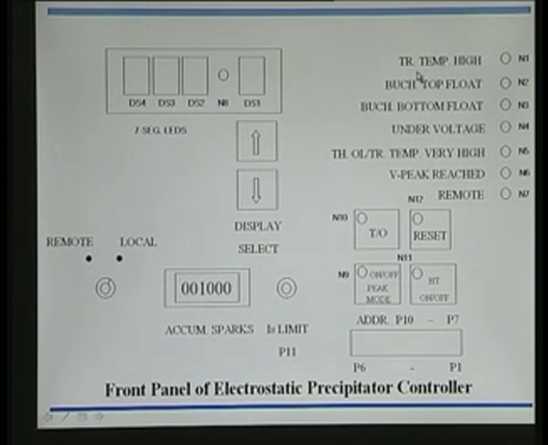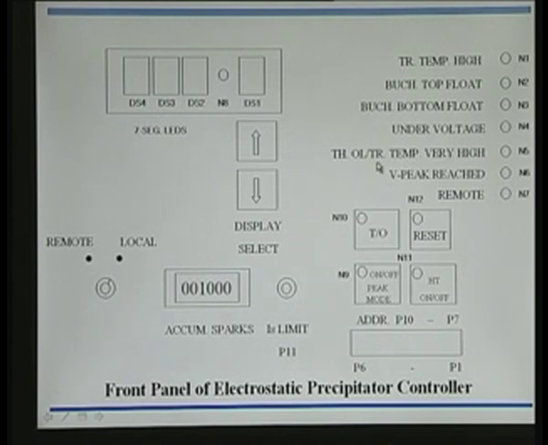For example, in order to generate 80 kilovolts, you need a very high voltage transformer as well, and normally you would see that right on the top of the thermal power plant. Most of the thermal plants have that, and it is abbreviated as TR, meaning transformer, and if it is very high, this LED must be on. Similarly, if it is high, it should be on.